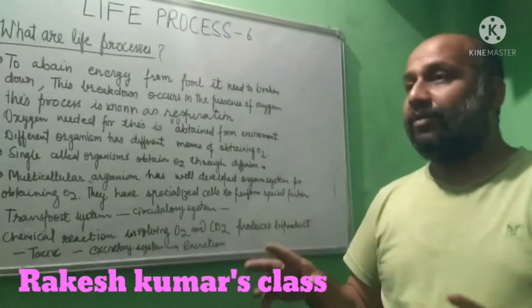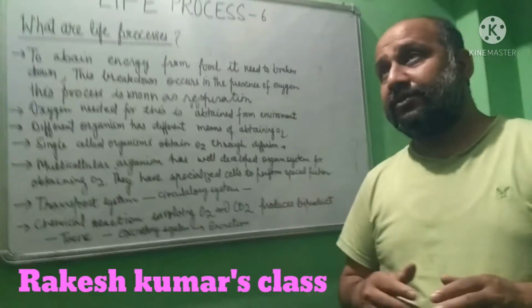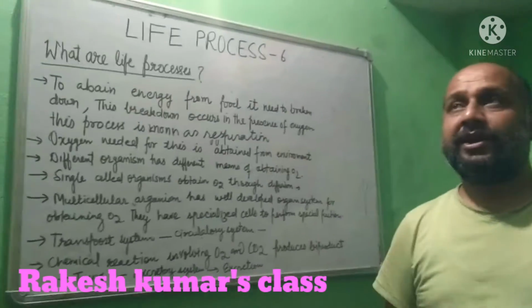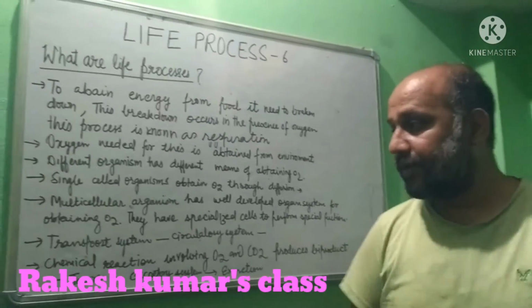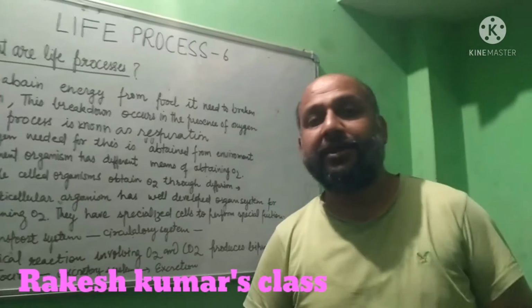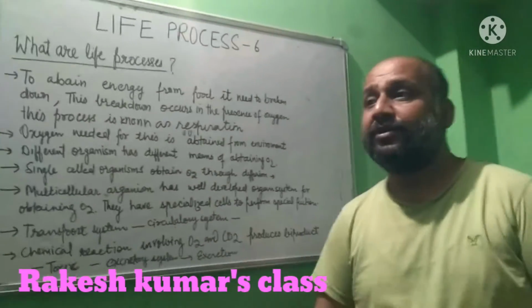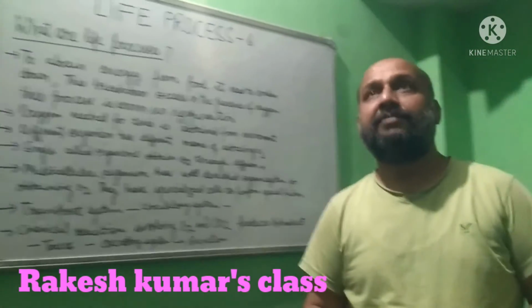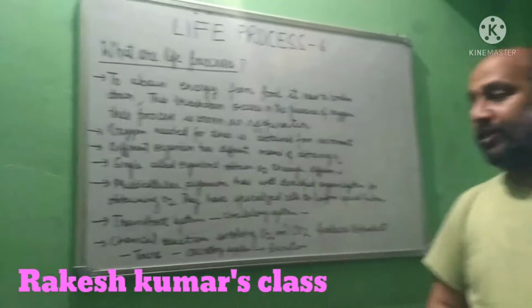In multicellular organisms, there is a fluid which circulates throughout the body and acts as a medium of transport. As we know, different types of chemical reactions take place in living organisms which involve oxygen and carbon dioxide.